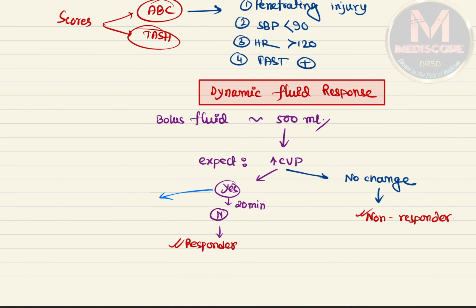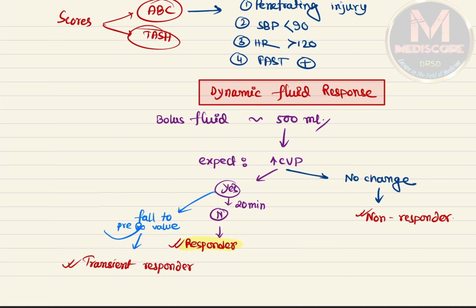Now suppose after giving bolus fluid the CVP rose, but after a certain period the CVP is not normalized; rather, it falls below the normal value, returning to the pre-treatment value in 10 to 15 minutes. That is a transient responder. Why is there a fall in CVP? Because there is ongoing loss.